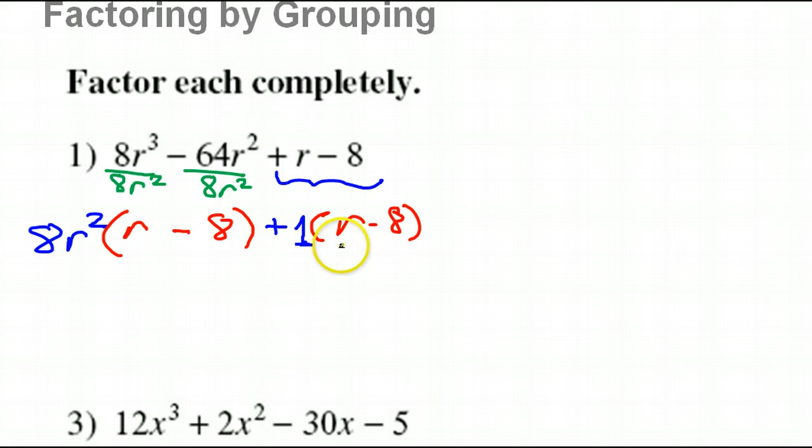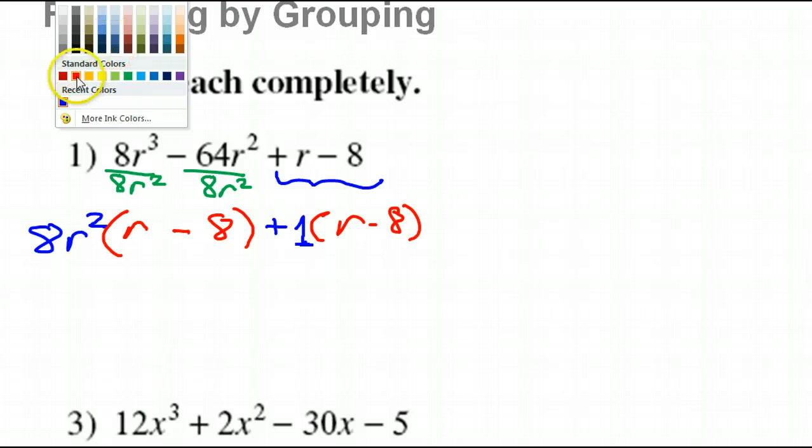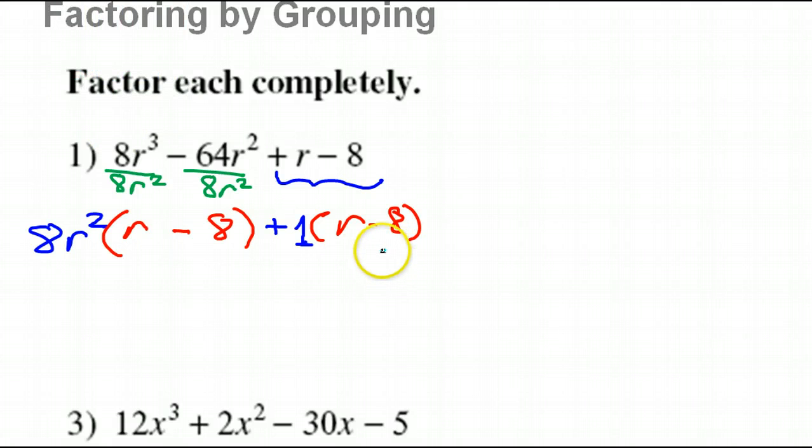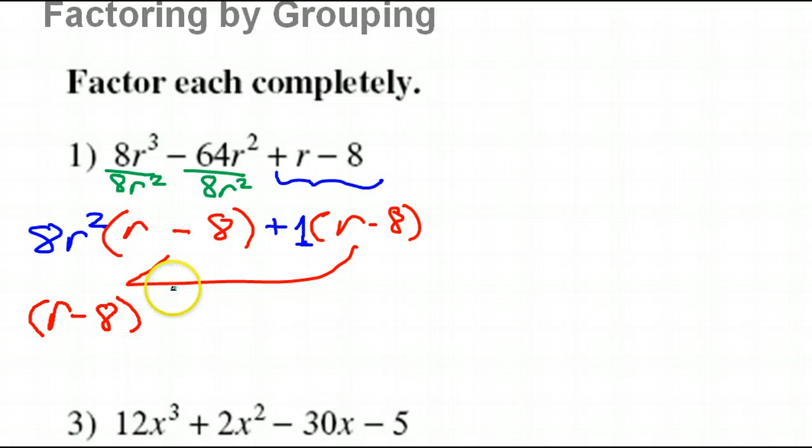It'll make the next step more obvious. Now, notice the parentheses that are alike. All right, that means this r minus 8 is a common factor. And you know what we do with common factors. We always put the greatest common factor out front. So that means we're going to put r minus 8 out front.